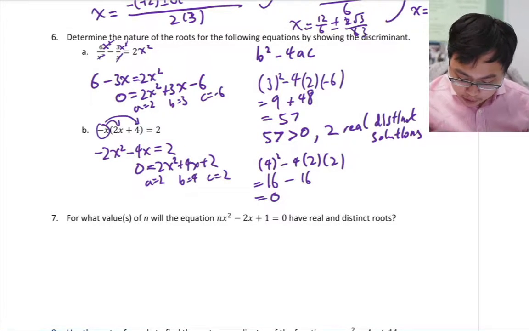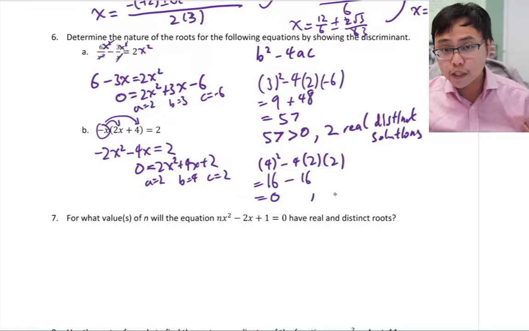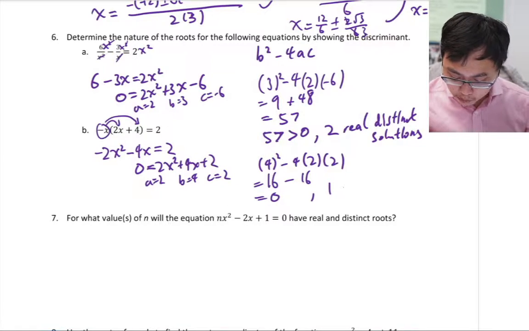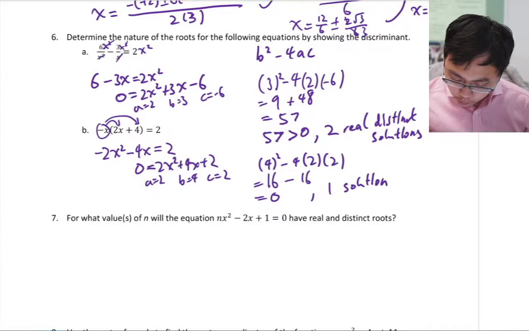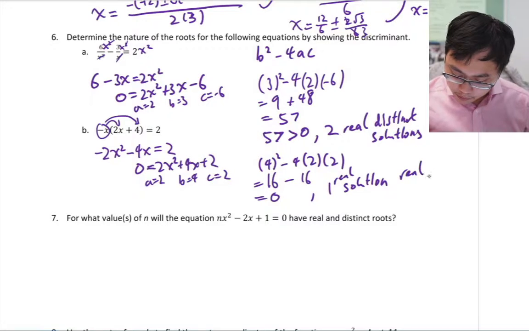Since it is 0, there are real but equal solutions. Either you say there is one real solution, or you can say real equal solutions.